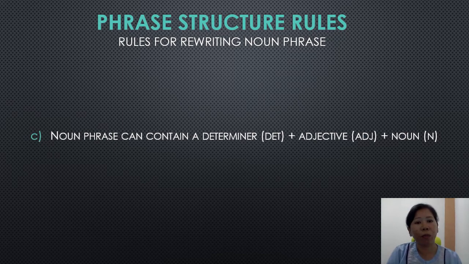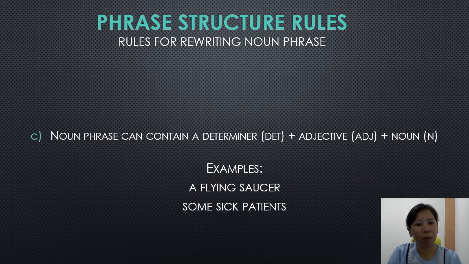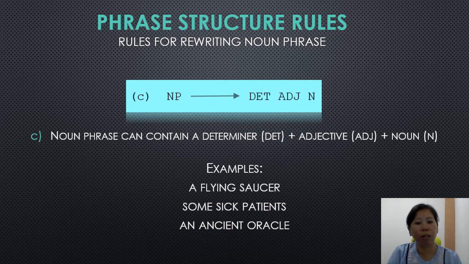The third rule for rewriting a noun phrase says that a noun phrase has a determiner plus an adjective plus a noun. For example, we can say a flying saucer or some sick patients or an ancient oracle.